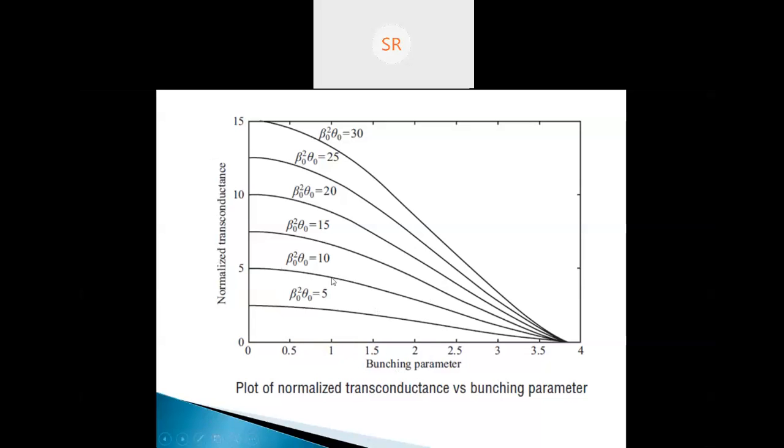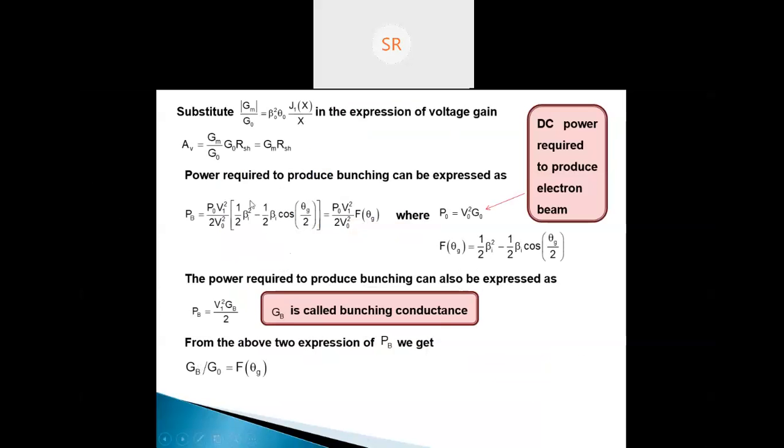Based on the bunching parameter, we will get the normalized transconductance, so that output reduces or output increases. Then we can substitute that Gm by G0 in the expression of the voltage gain. AV is equal to Gm by G0 into G0 RSH. We can have the gain there. And this is about your output impedance.